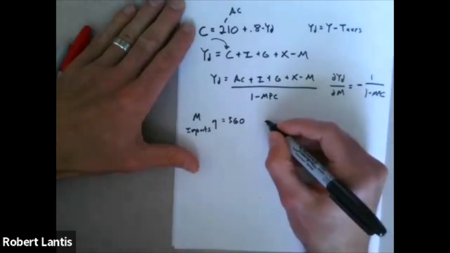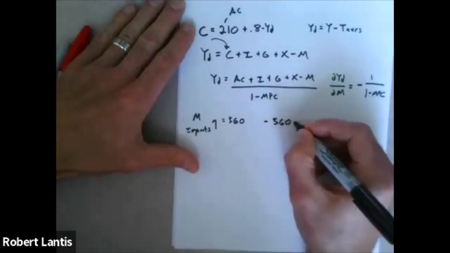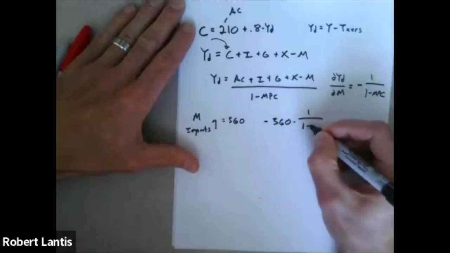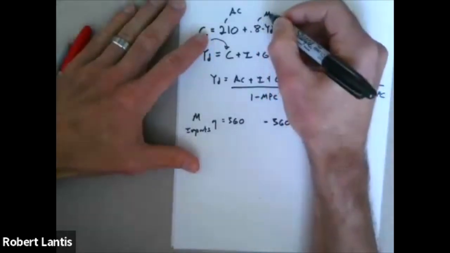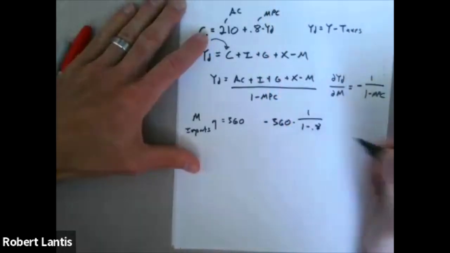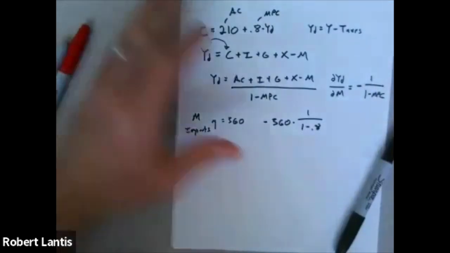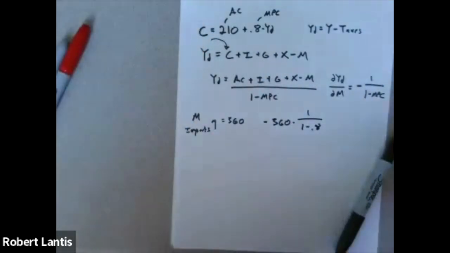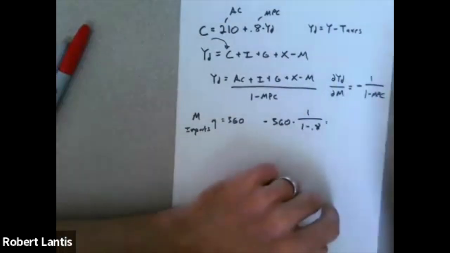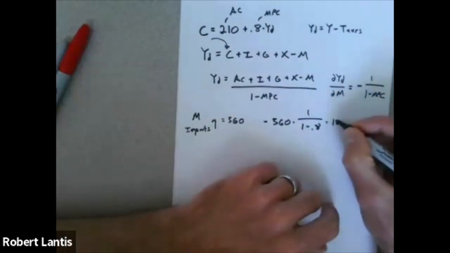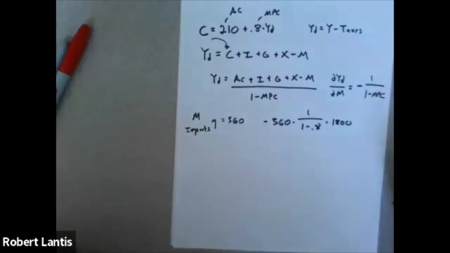So this would be negative 360 times 1 over 1 minus 0.8, since our marginal propensity to consume was 0.8. So I should get 1,800 if I'm doing the math in my head correctly here.